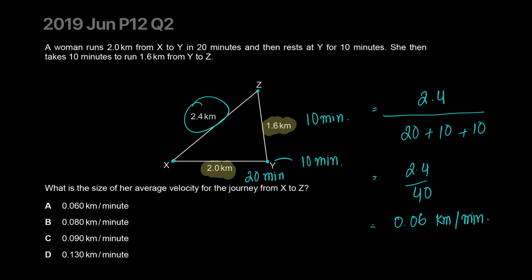So that's a velocity, right? Not speed. For speed, you would have taken these two values. So the answer is A.